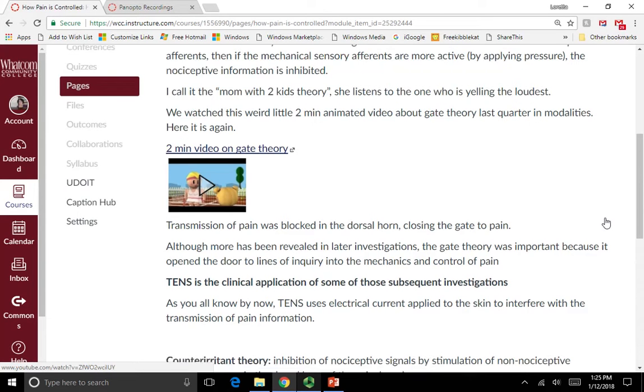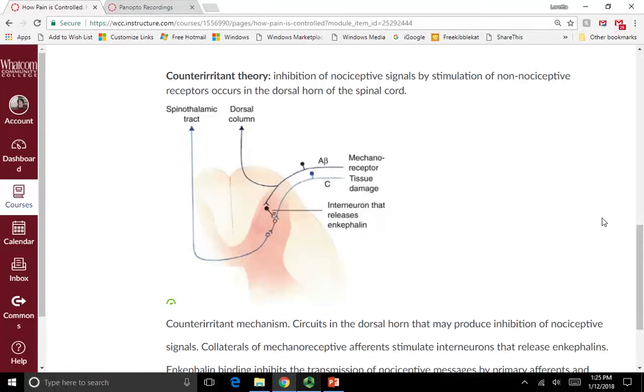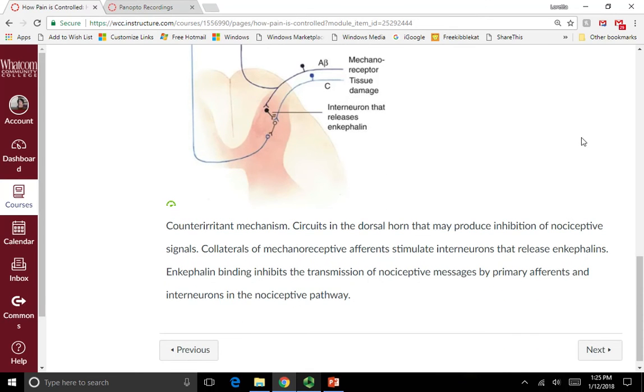So, cool stuff, right? The counter-irritant theory is the more detailed interpretation on the cellular level of how nociceptive signals are inhibited by stimulation of non-nociceptive receptors, occurring in the dorsal horn of the spinal cord. So circuits in the dorsal horn that may produce inhibition of nociceptive signals: the collateral branches of mechanoreceptive afferents stimulate interneurons that release enkephalins.